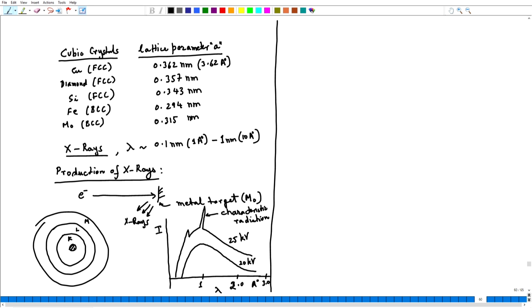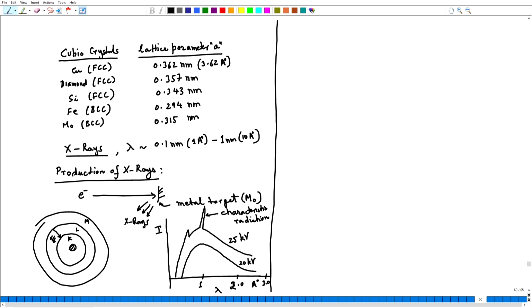This will take the atom into a higher energy state, and it can recover back by an electron jumping from the L shell to the K shell. And as a result, there will be emitted radiation, which is a characteristic radiation.